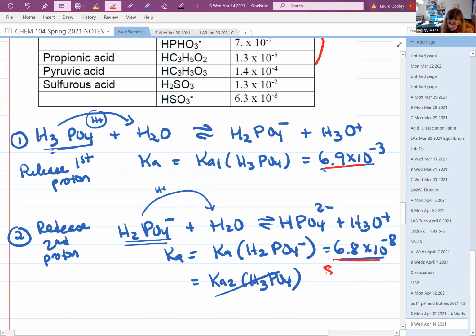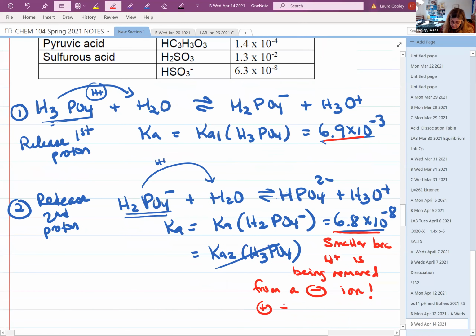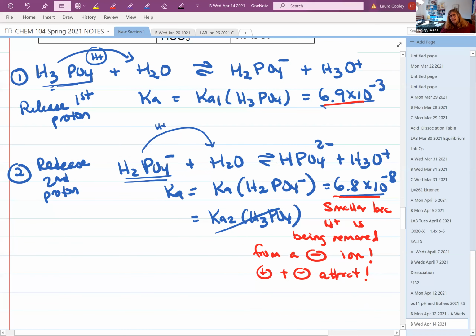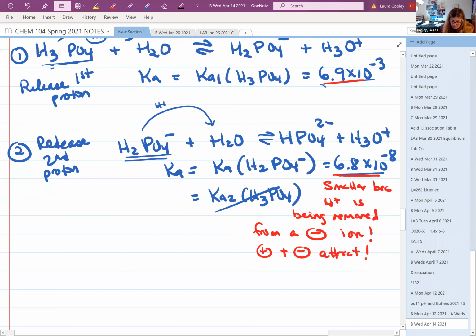So I would say this is smaller because the H plus is being removed from a negative ion, and plus and minus attract. So it takes a lot of energy to do that because it's not a downhill process. It's unlikely.